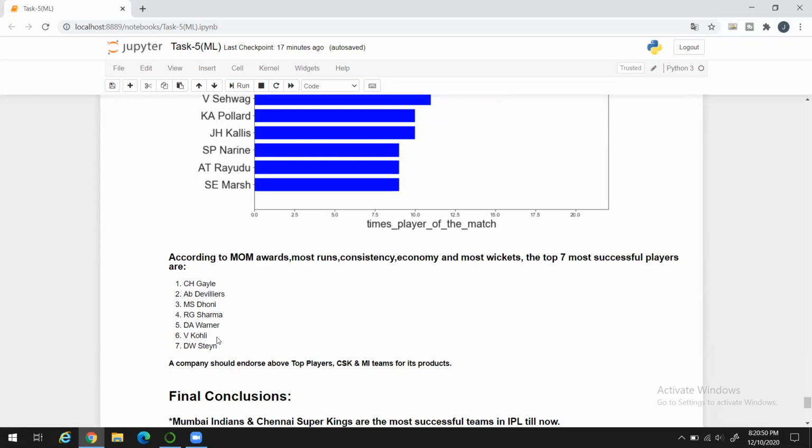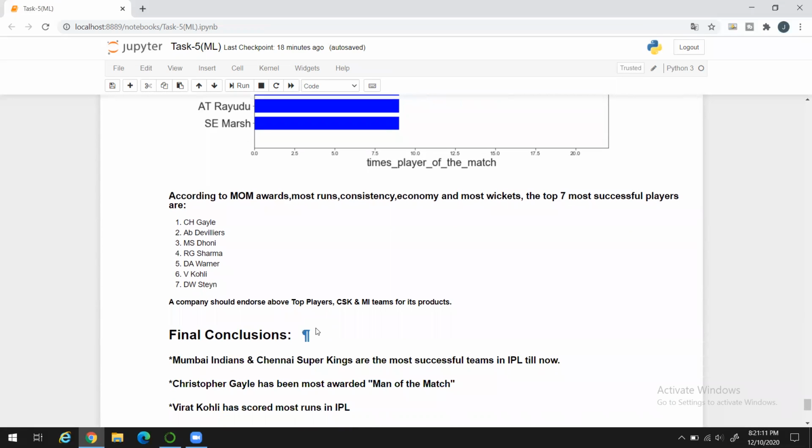So he can be sixth. And then apart from batsmen, I have chosen only one bowler as the most successful player, because he has the best economy rate in the IPL history. So that is Dale Steyn. So I think a company should endorse the top players and then CSK and MI teams both for its products.